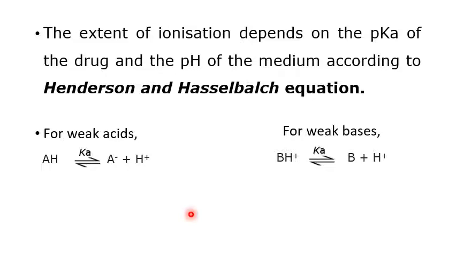The extent of ionization of a drug depends on the pKa value of the drug, which is a physicochemical property specific to each drug, and also on the pH of the medium in which the drug is dissolved. This is governed by an equation called the Henderson-Hasselbalch equation.